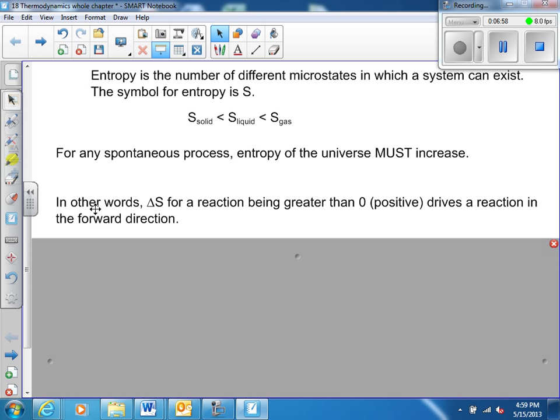This means that if delta S for a reaction is larger than 0, that would help drive the reaction in the forward direction. So a positive delta S, and just like delta H, where we have products minus reactants, delta S will be products minus reactants.